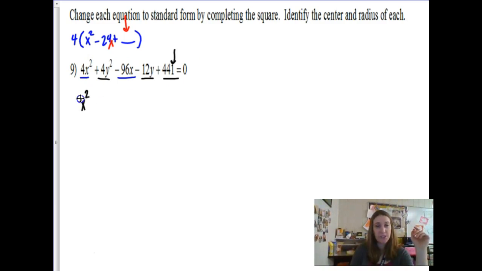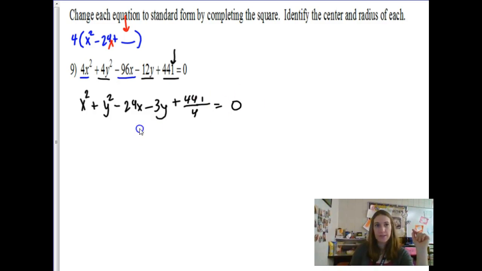So my new equation is x squared plus y squared, got some bells coming our way, minus 24x minus 3y, and then plus, I'm just going to write it as 441 over 4, for now. I know that's gross.